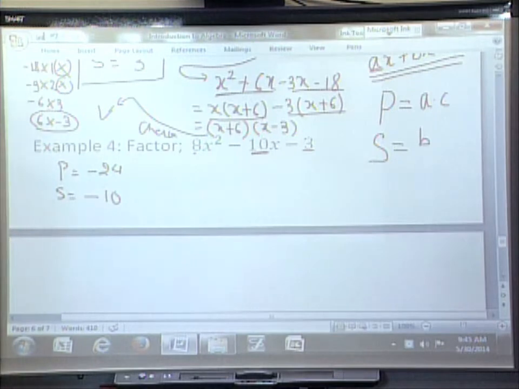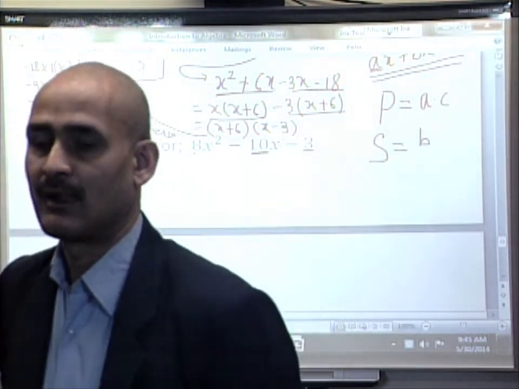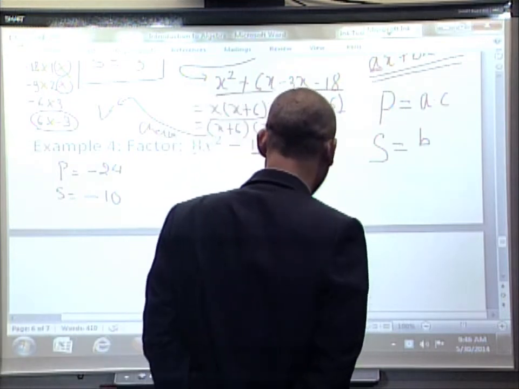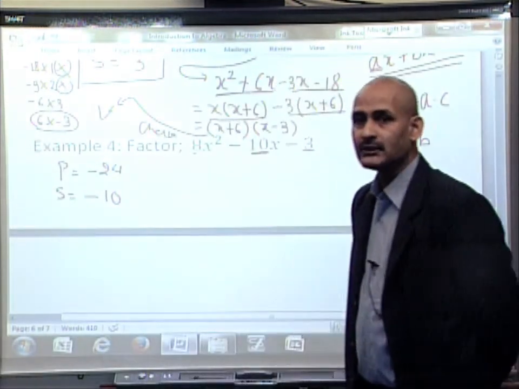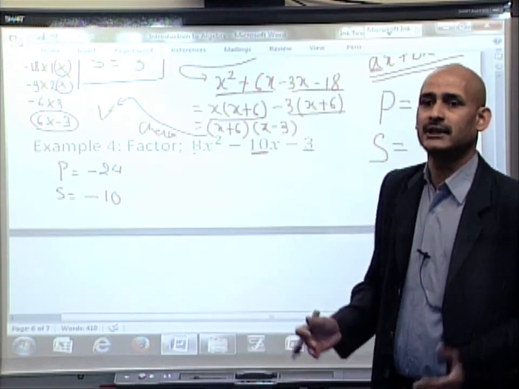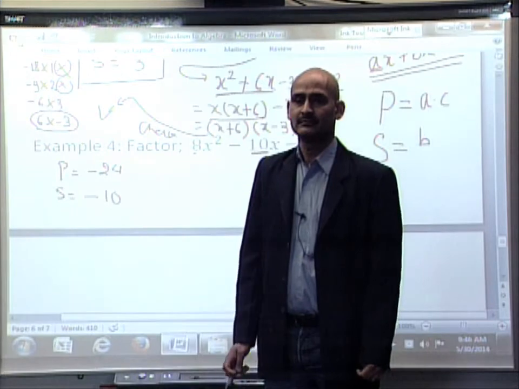Now, there are a bunch of different ways negative 24 can be factored. One of the factors, for example, is 24 and negative 1. If we factor negative 24 as 24 and negative 1, 24 plus negative 1 is 23. I am not interested in that because I need a sum of negative 10.